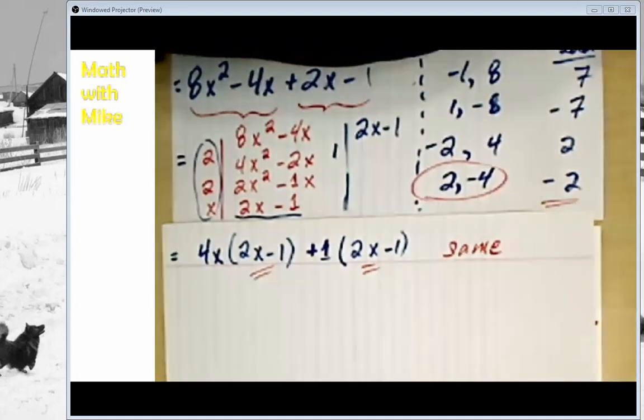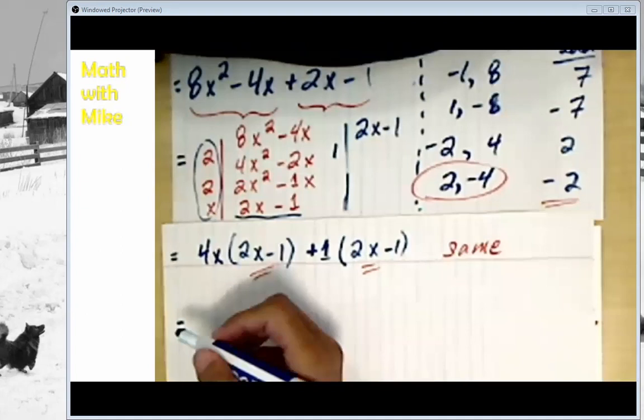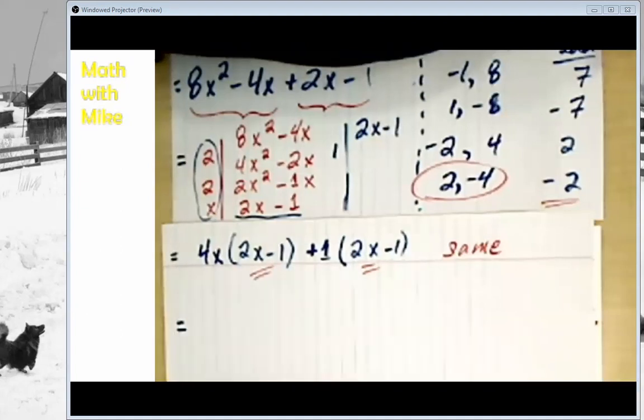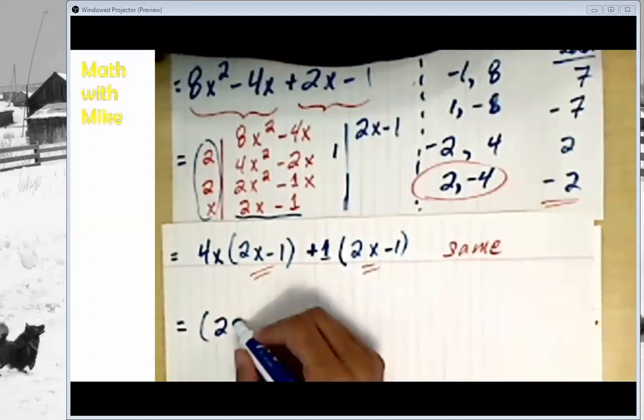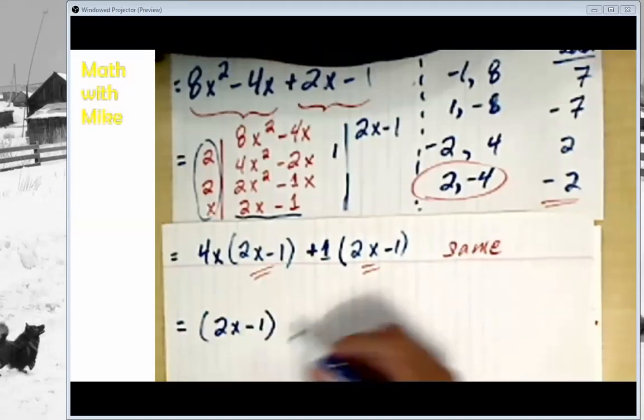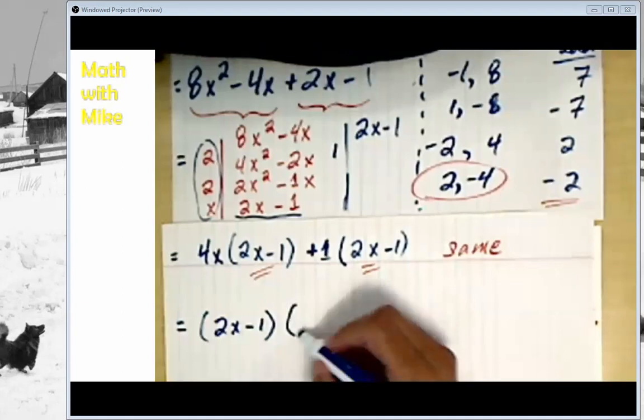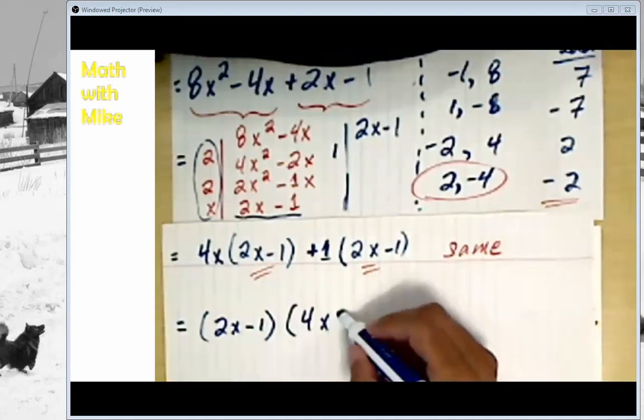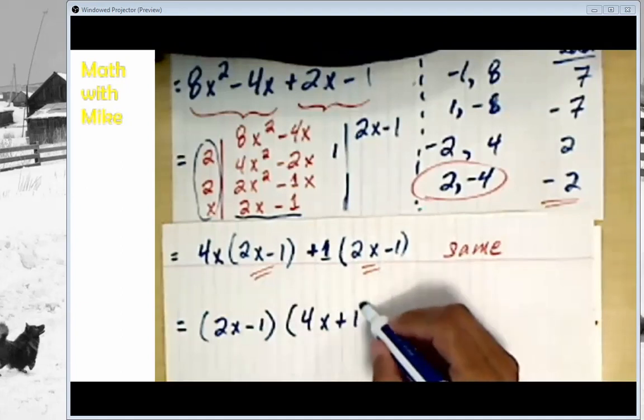Okay. All right, last step, good people. Last step, what do we do? What goes where? 2x minus 1 in a bracket, and plus a bracket 4x plus 1. Nice.